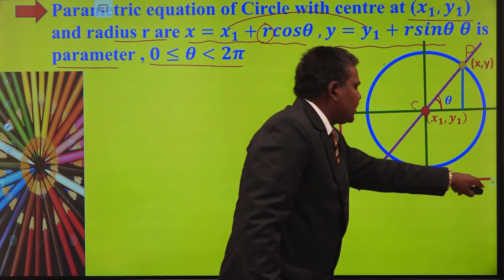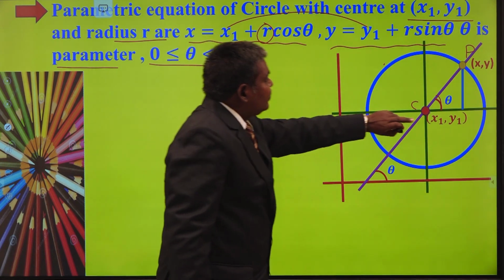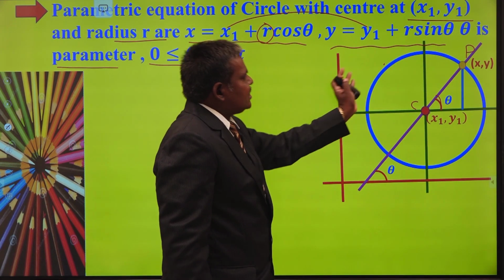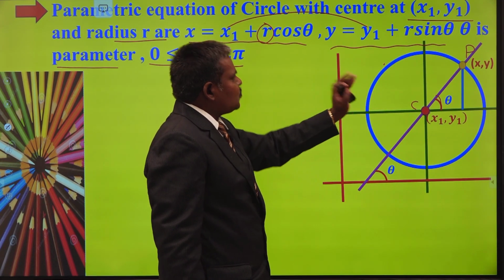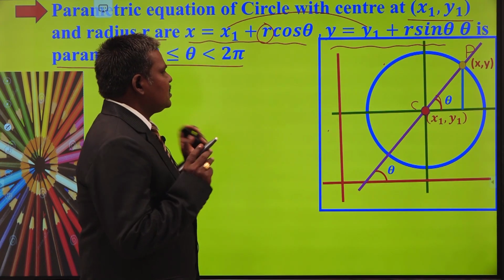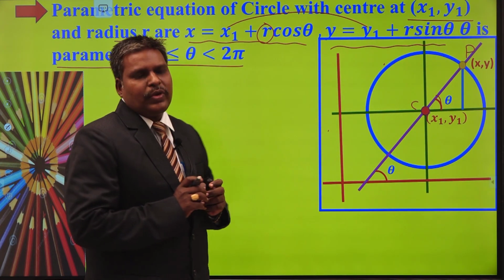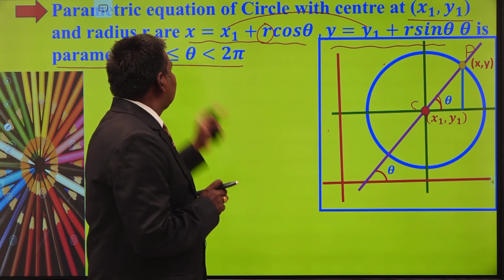Theta is varying. That is why when theta is moving, your point is also moving, and correspondingly its coordinates change. Right? This is the diagram. With the help of this diagram, we are going to find the equations.